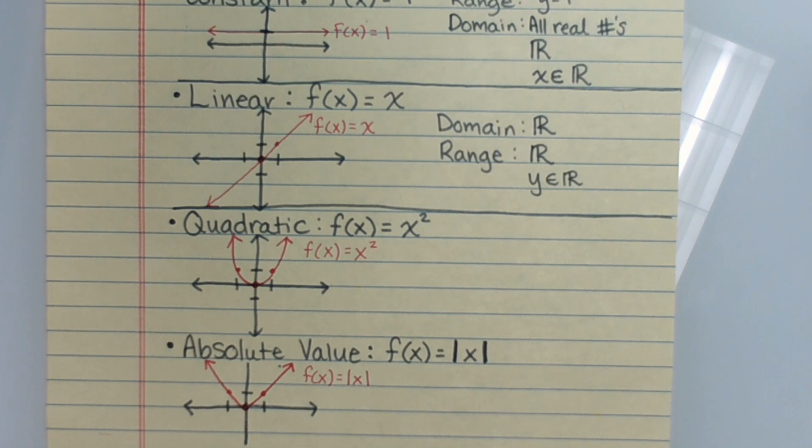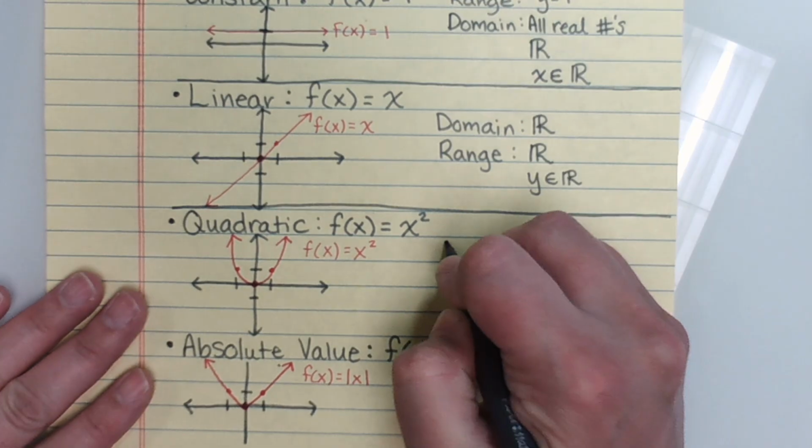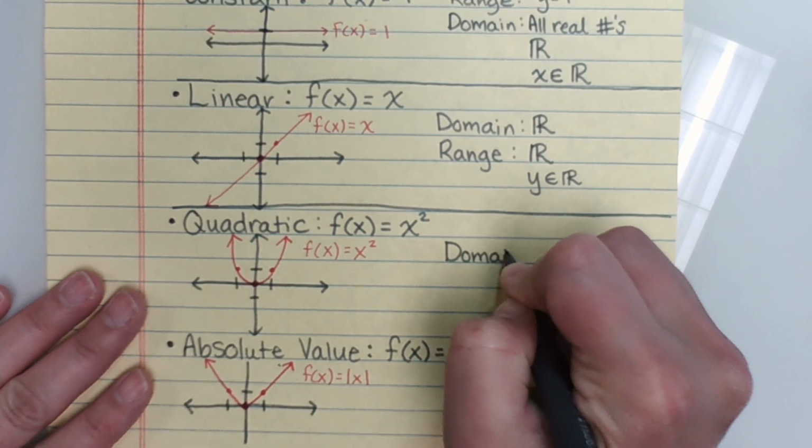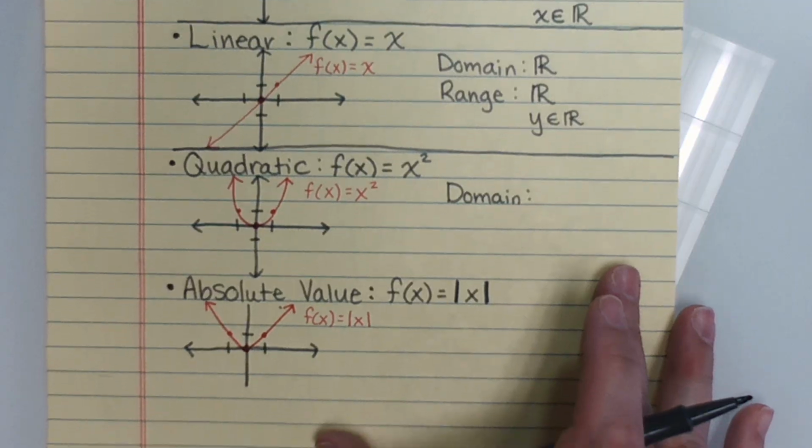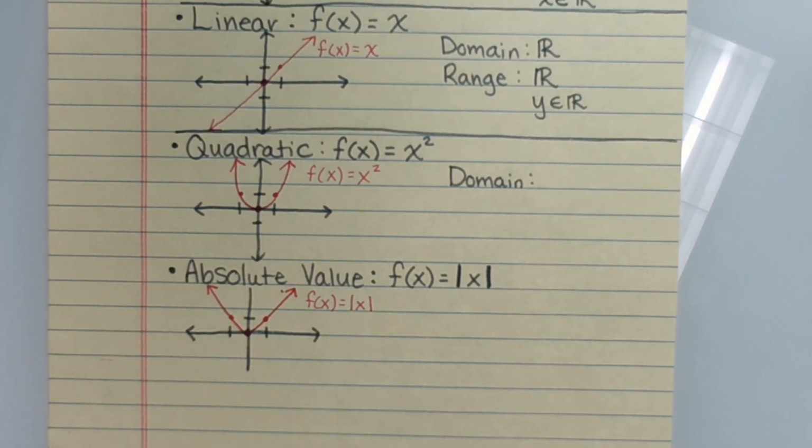Quadratics. Domain and range. Domain, x values. In other words, I'm looking left and right. Does a quadratic graph go all the way to the left? No. Slowly, it looks like it kind of stops going left, but it actually does keep going left.